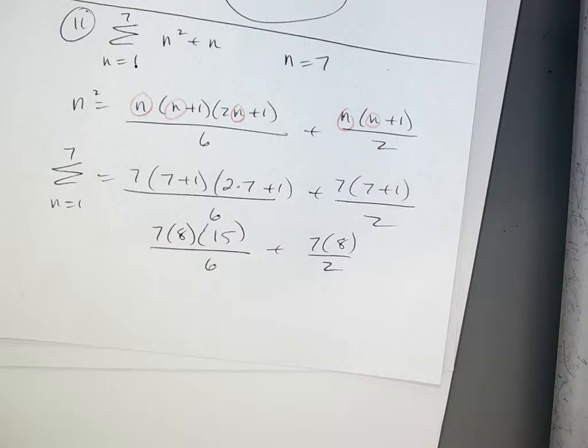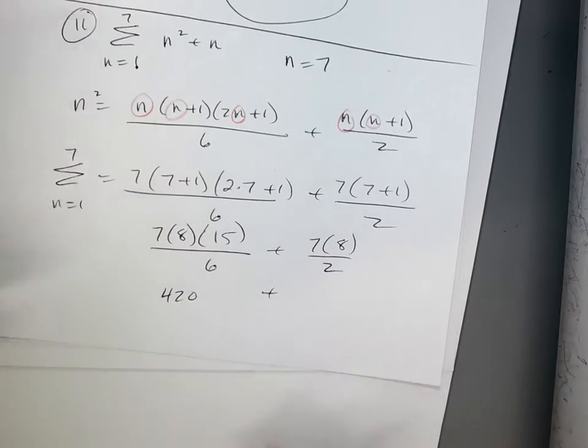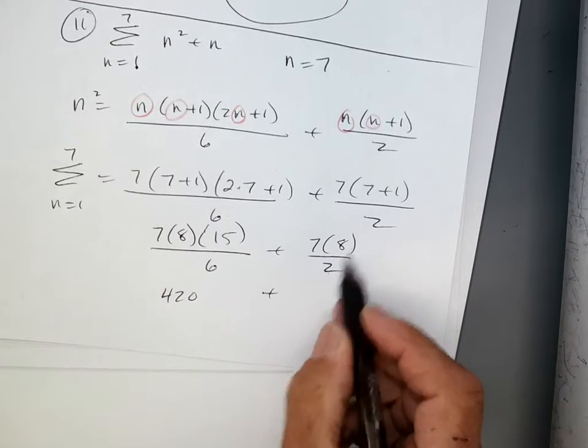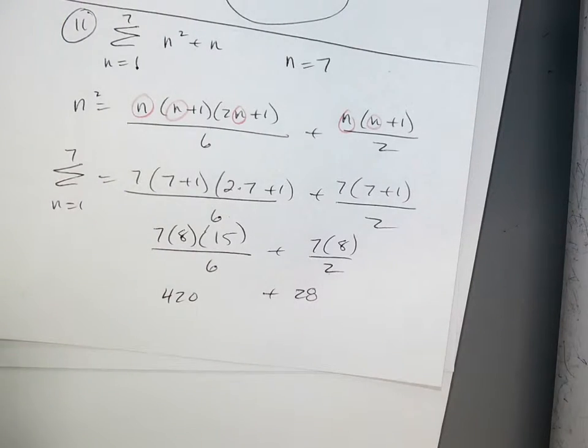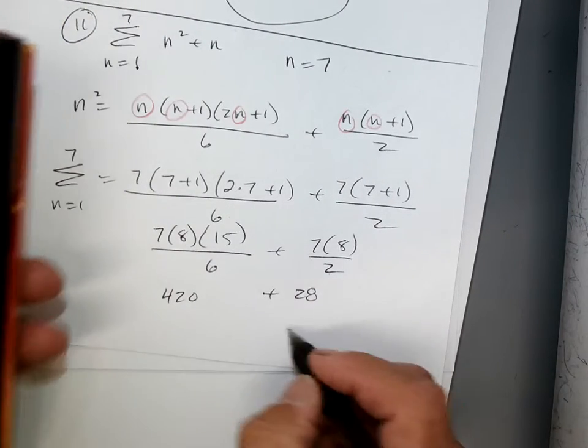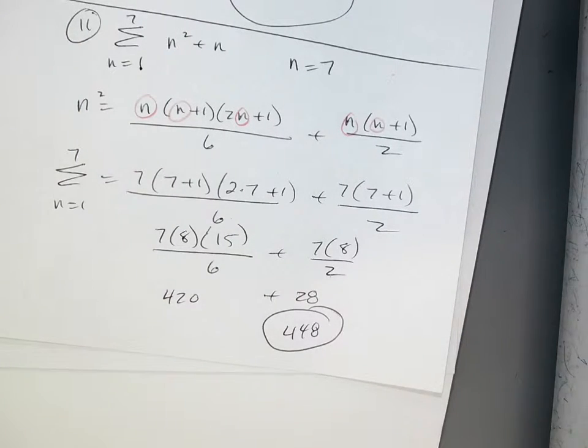What is 7 times 8 times 15 divided by 2? That is 420. 2 goes into 8 four times plus 28. And I get an answer of 448. Boom.